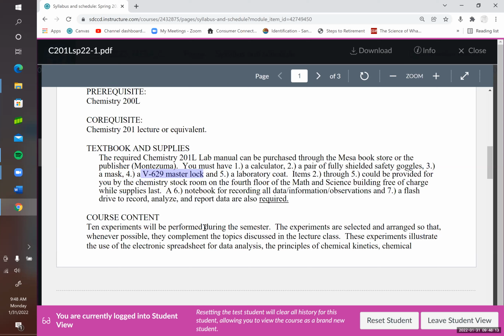So what happens is if anyone doesn't check out from a previous semester, then their equipment goes into a pile, and then if other people need that equipment the next semester, then they give it out. But you may be able to get it or not, depending on if supplies last.